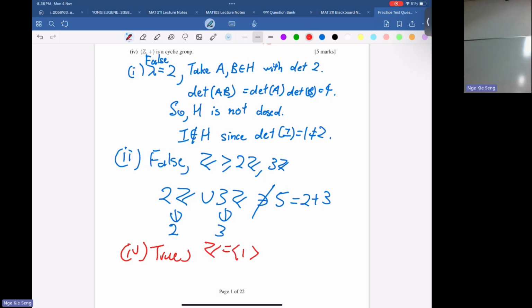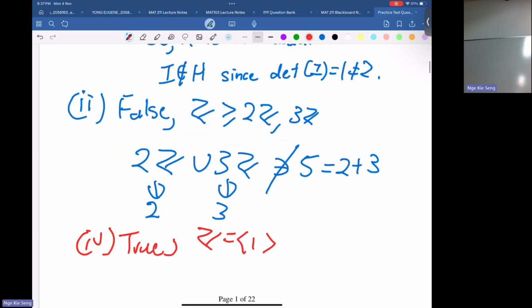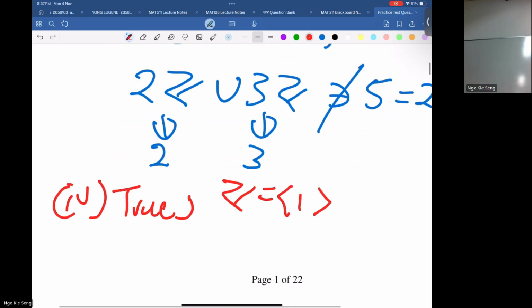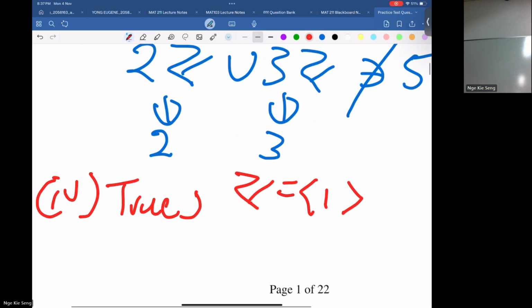You need to prove that 1 generates Z. If you take any element inside Z, you just add 1 n times.